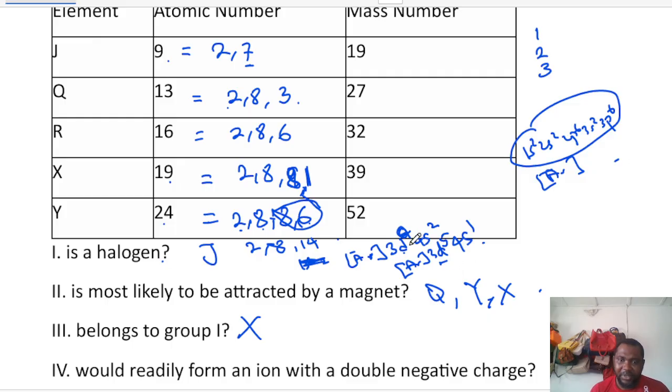But I want to say this, you're going to wonder why I wrote it like this. That's because if you want to write the configuration of a transition element, as long as the combination is enough to make this half filled or fully filled, you will do that first before you fill this up. Half filled means d5, fully filled means d10.